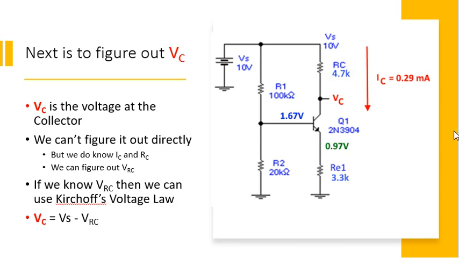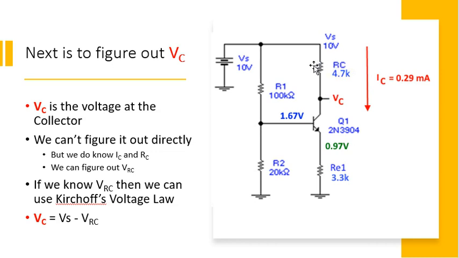Now we know the collector current, we can start trying to figure out our collector voltage. Collector voltage is from the collector to ground. We can't figure that out directly, so we have to do it indirectly. We do know that this is a series circuit going this way, so the collector current will be the same current through our collector resistor. We know our collector resistor value, and we know our collector current, so we should be able to figure out the voltage across our collector resistor.